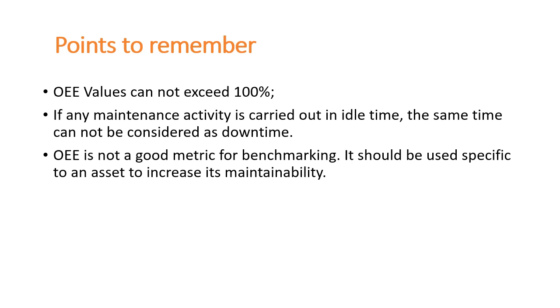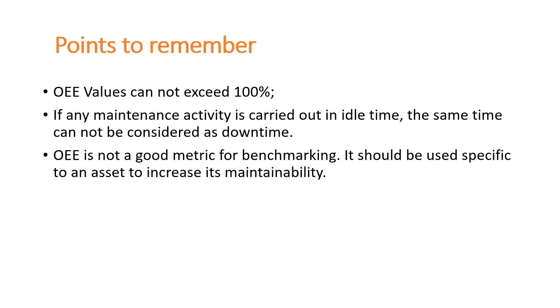Suppose your machine is not required to operate from 7 a.m. to 7 p.m. and you are doing the maintenance within this time. Then it will not be considered as downtime. One more thing, just a caution: OEE value can never exceed 100%. So while calculating, you should remember this.